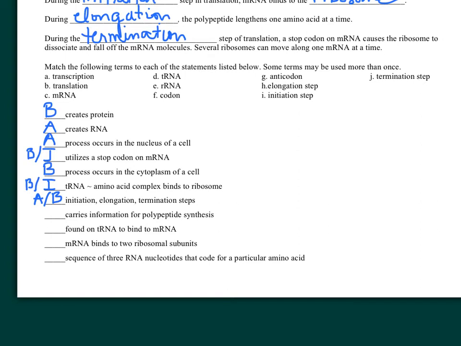Well, we know the messenger molecule is mRNA. Found on tRNA, and it binds to mRNA. That's the anticodon. mRNA binds to 2 ribosomal subunits. That's also initiation of translation. And the sequence of 3 RNA nucleotides that code for a particular amino acid, that's a codon.